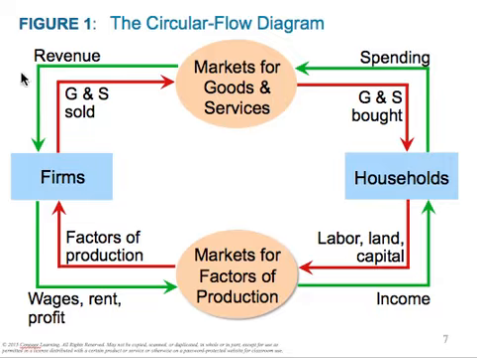So around and around we go. Again, the households provide the labor, the firms provide the goods and services, the households buy the goods and services, they spend those, and they provide revenue for the firms, and in turn, income for the households. So a little convoluted graph, when you take it piece by piece, becomes pretty simple.